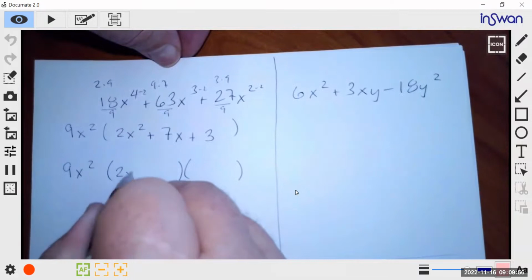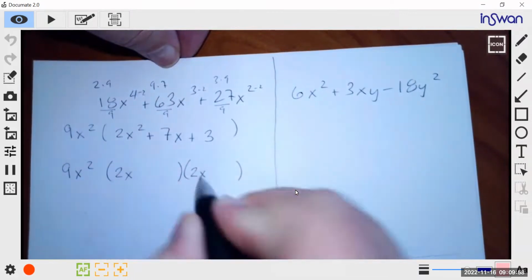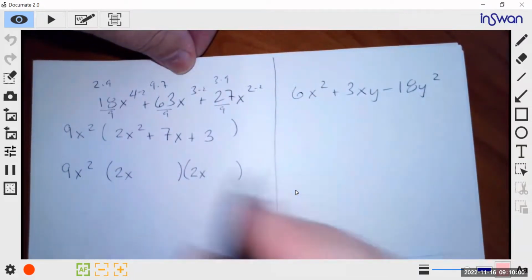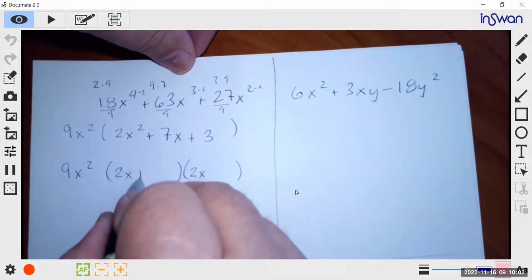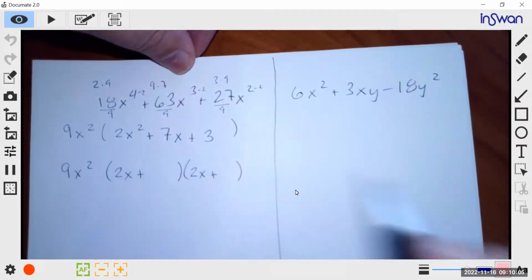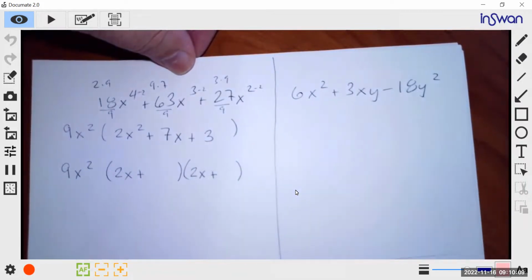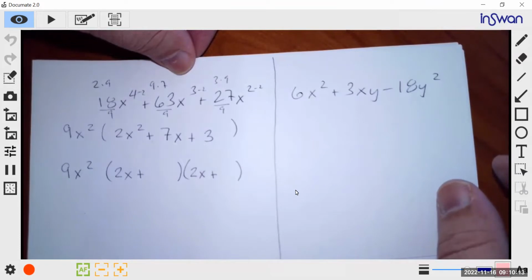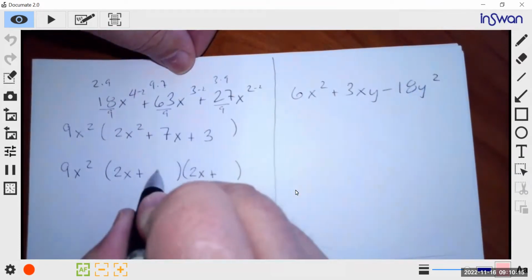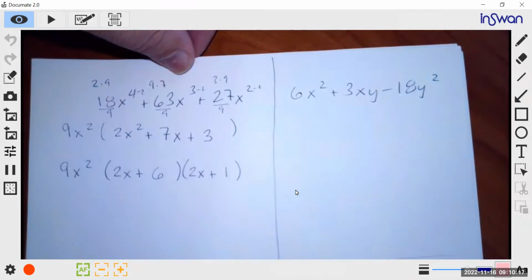So we got a 2x, 2x. What signs go in there? Yeah, both the same. They're both positives. What numbers go in the spaces? Very good.